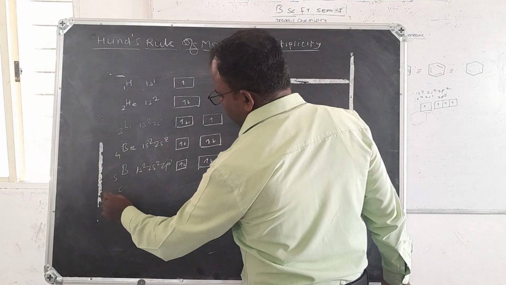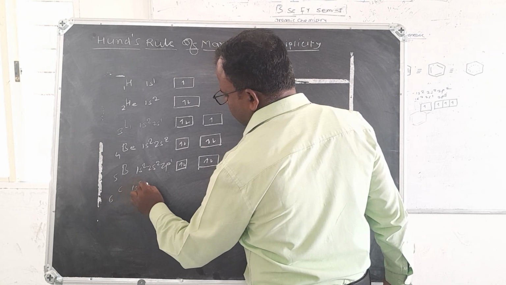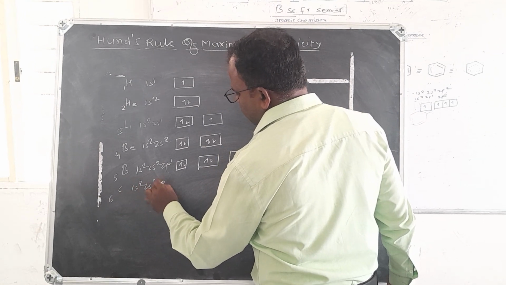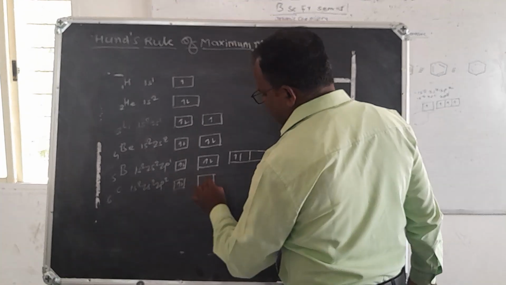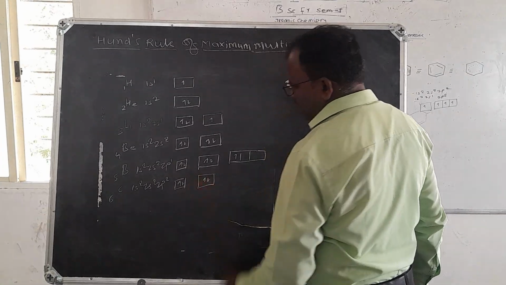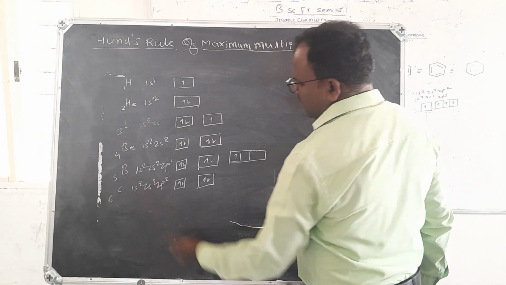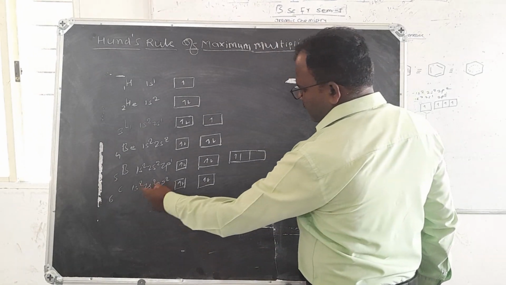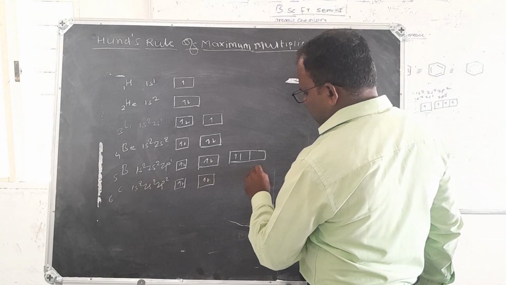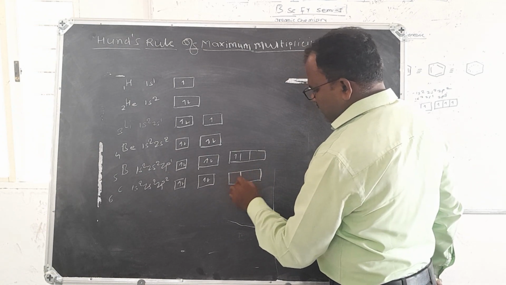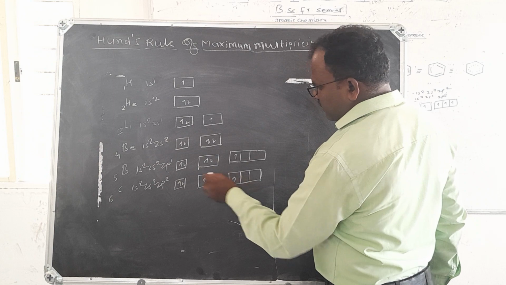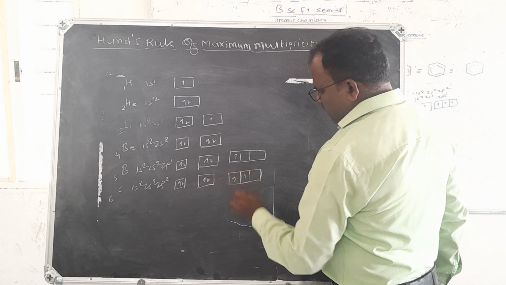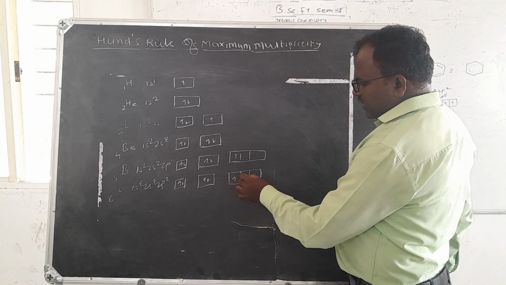Then carbon, atomic number 6, 1s2, 2s2, 2p2. In the p subshell, which has 3 orbitals, 2 electrons are present. These 2 electrons are added first, one electron in each orbital.